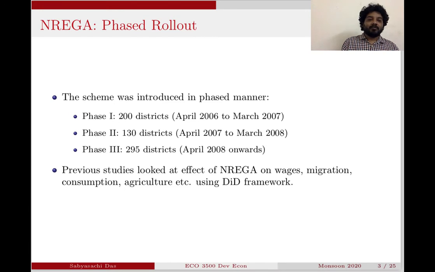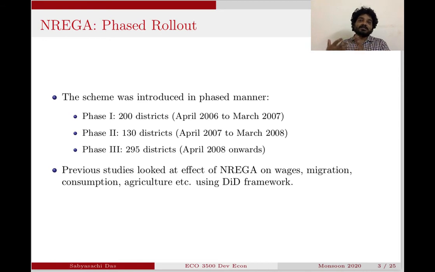Okay. Now the paper that I'm going to talk about is as yet unpublished, from 2019. But there are already several papers that try to look at the effect of NREGA on various outcomes of interest, such as wages, and whether it led to a reduction in migration from rural to urban areas. Why?